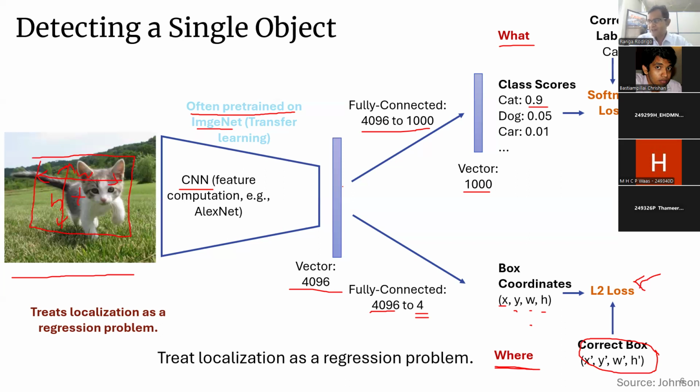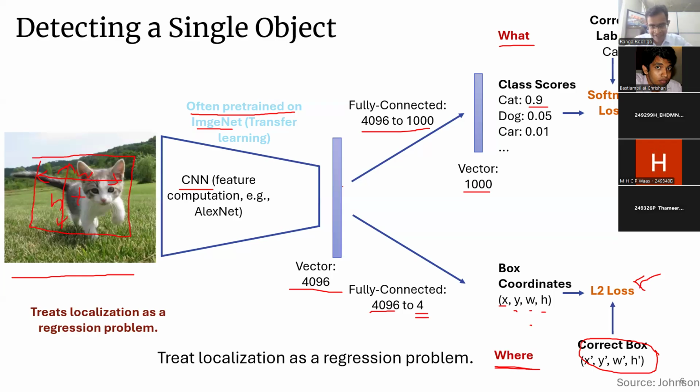In the top branch, 1000 because there are 1000 classes. And in the where branch, 4. So altogether, 1004 outputs for a single object detection for a 1000 class problem like the ImageNet Large Scale Visual Recognition Challenge. I hope this is clear for you.